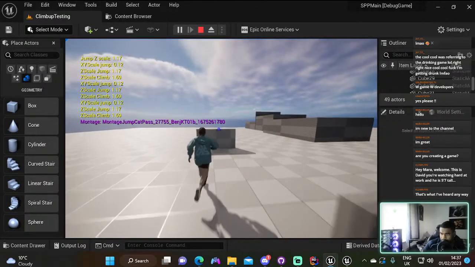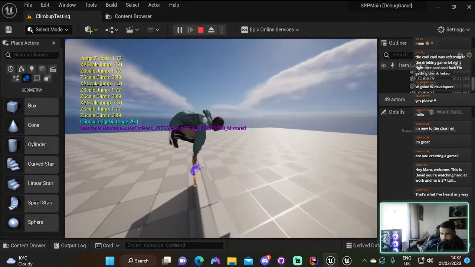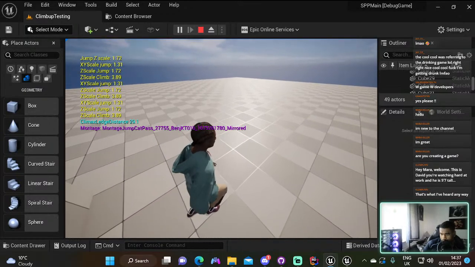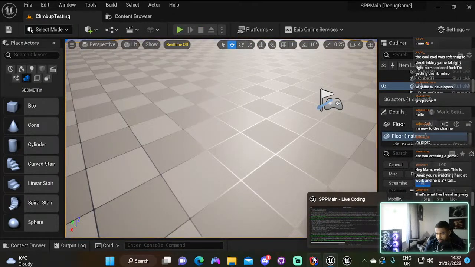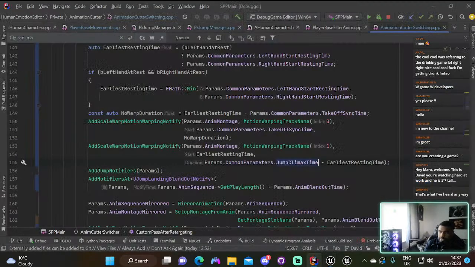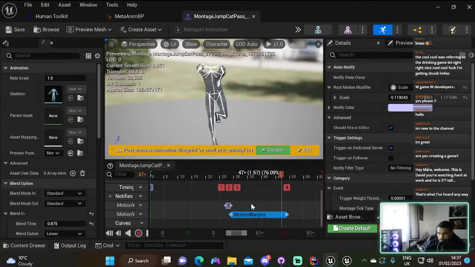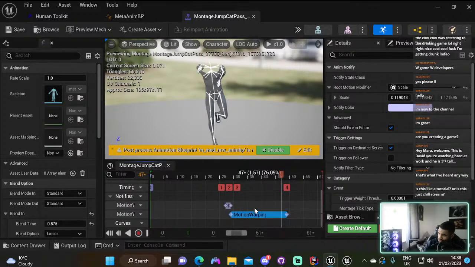XY scale is completely wrong. Those don't look correct.